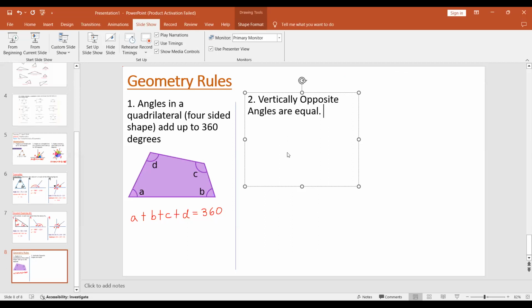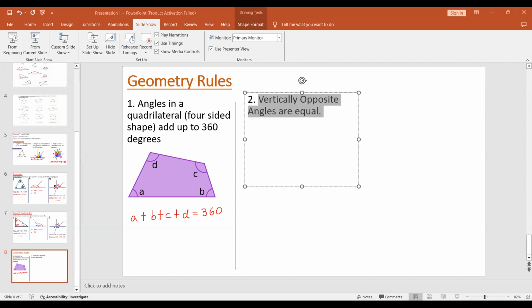That's the rule. If we can find two angles that are vertically opposite to each other, then we can say that one angle is equal to the other angle. That's what we mean when we say vertically opposite angles are equal.